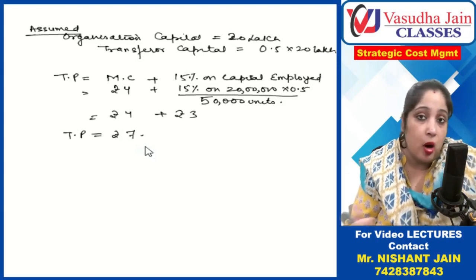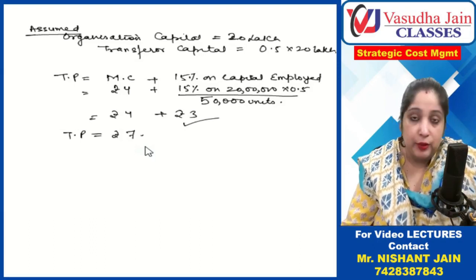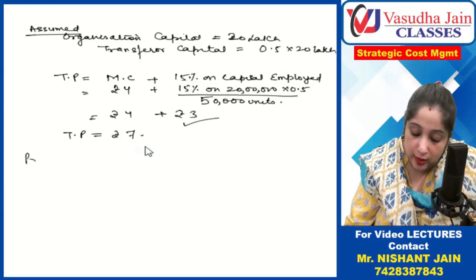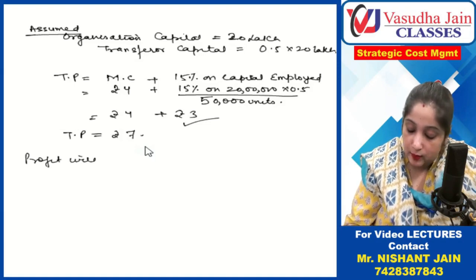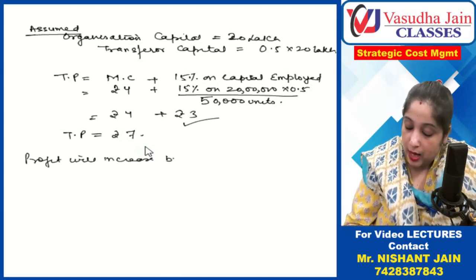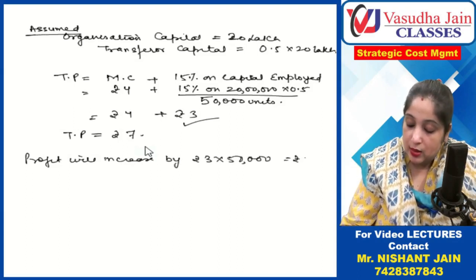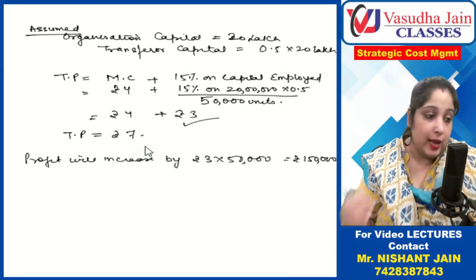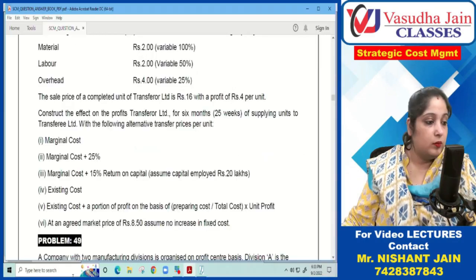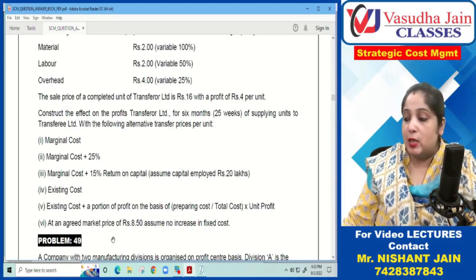Anything we get beyond 4 rupees is our profit. So we are getting 3 rupees additional. So profit will increase by rupees 3 into 50,000 units, so rupees 1,50,000. Correct? Yes.